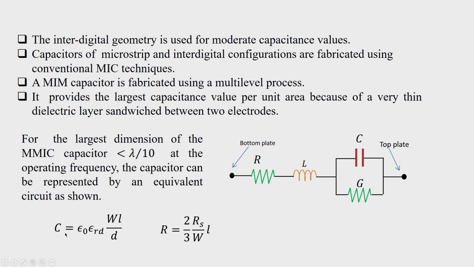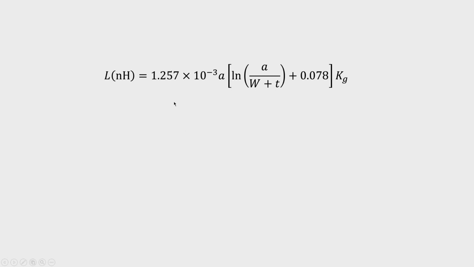C is W L by D, epsilon naught epsilon r, D. R is 2 by 3 Rs W L by W. G, the conductance, is omega C tan delta, and L in nanohenry can be calculated using this formula, where this kg depends on W by H.